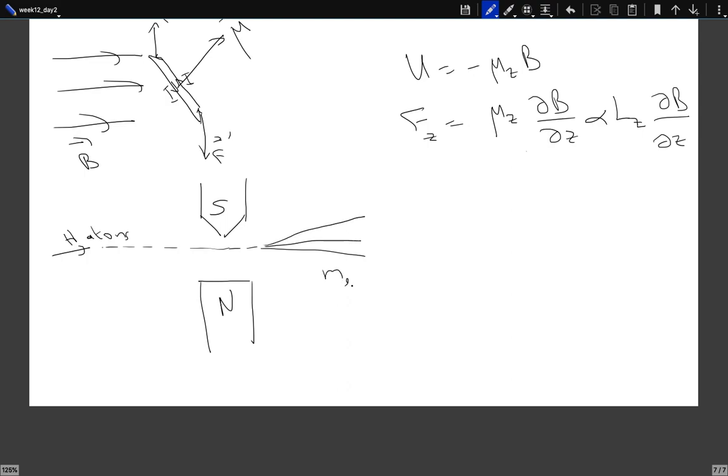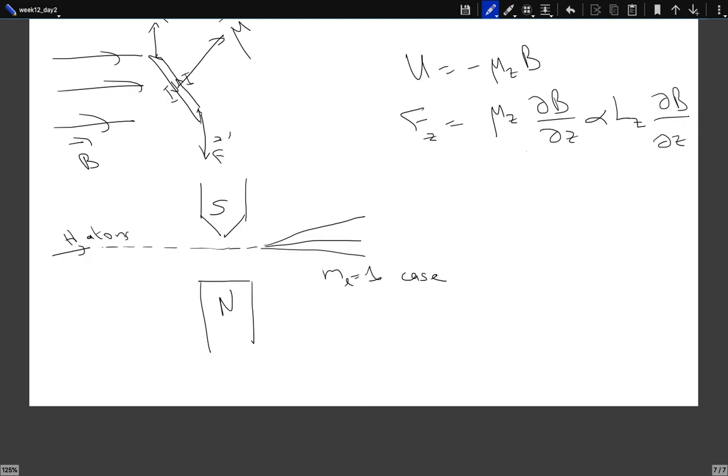This is the ml equal to 1 case. You are just sending some hydrogen atoms. You have these magnets. You send hydrogen atoms through these magnets. And these hydrogen atoms will feel either an upward force or a downward force or 0 force, depending on the value of ml.